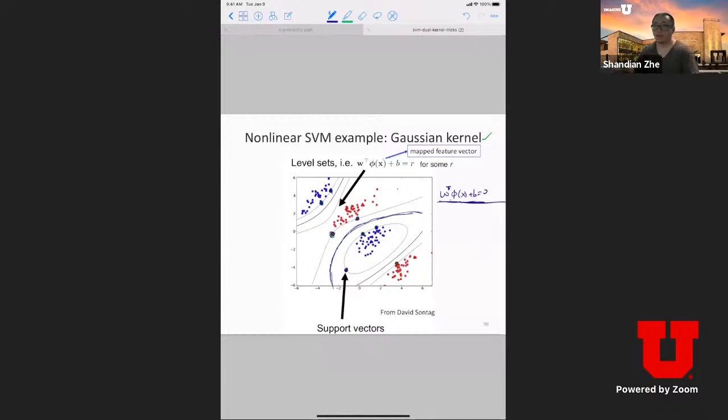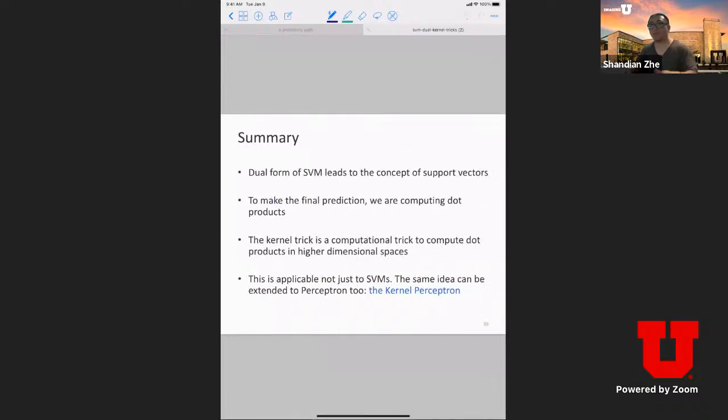Any other questions in understanding those tricks and ideas and intuitions? Okay, great. So we spent quite a lot of time discussing support vector machines, because this is so important.